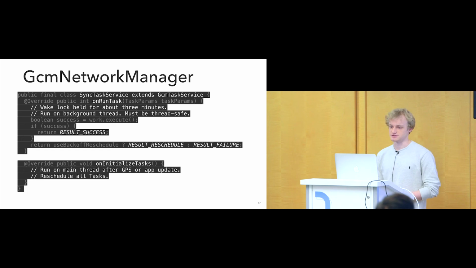Then what our actual service looks like. Here, again, a similar API now to JobScheduler, but you extend a GCM task service. We don't really need to worry about the rest of the life cycle. These are the two methods we care about. However, major difference, and where you see the major use case difference, you are run on a background thread.